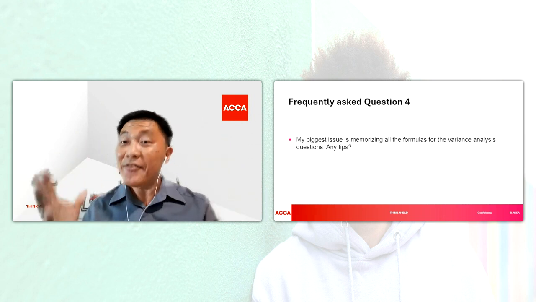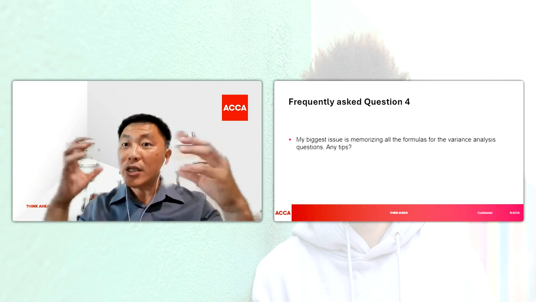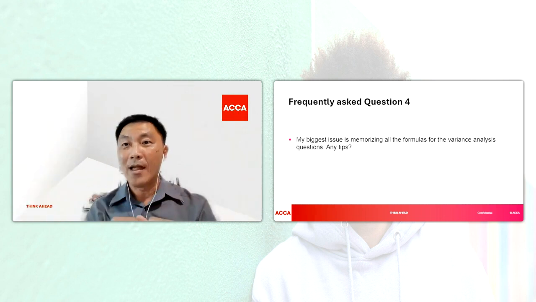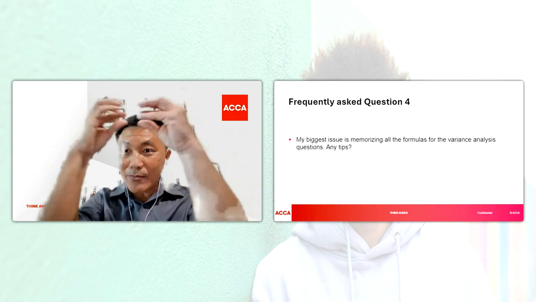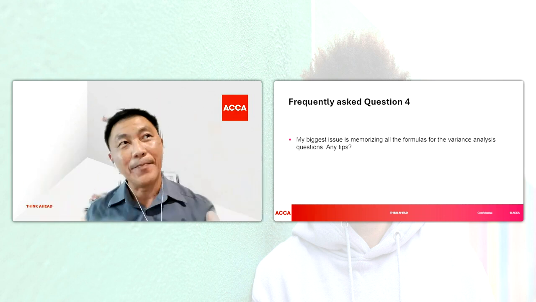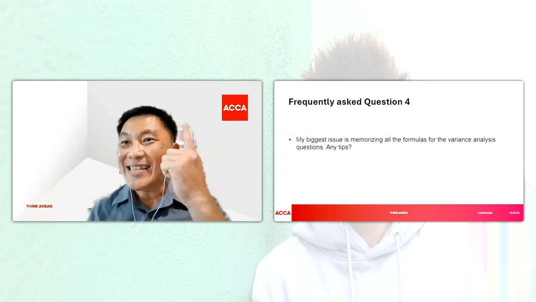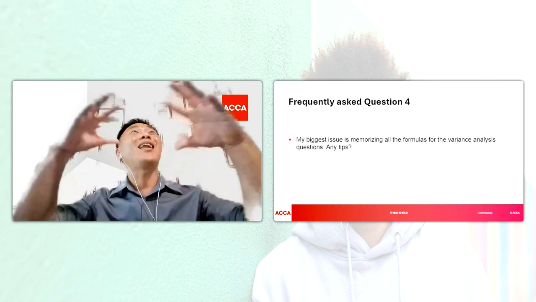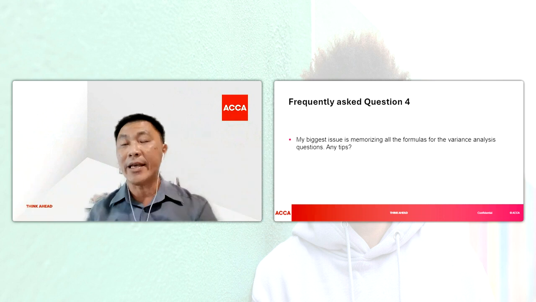In fact, the formation of all the variances comes from the same root cause. As long as you master the same root cause, I'm telling you, you just got to learn one set of formula. And the same set of formula could be applied to all variance calculations.